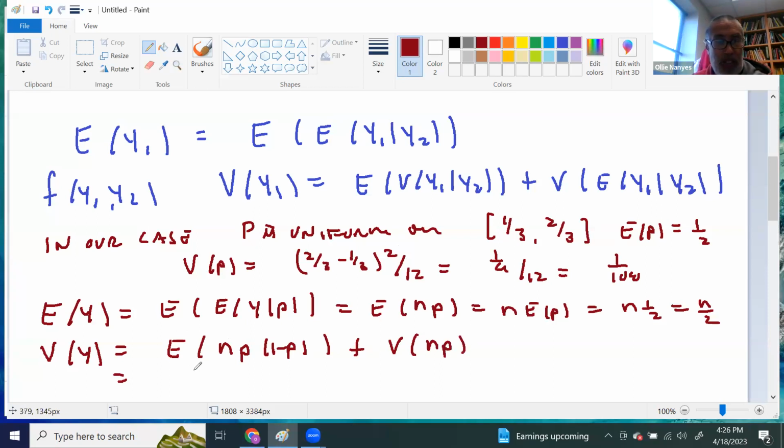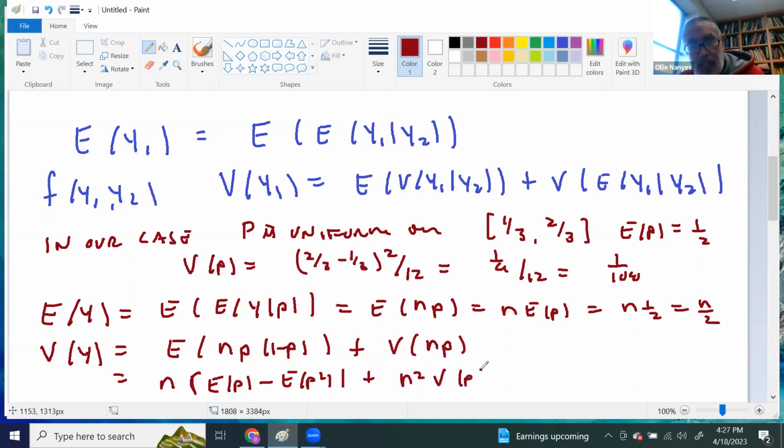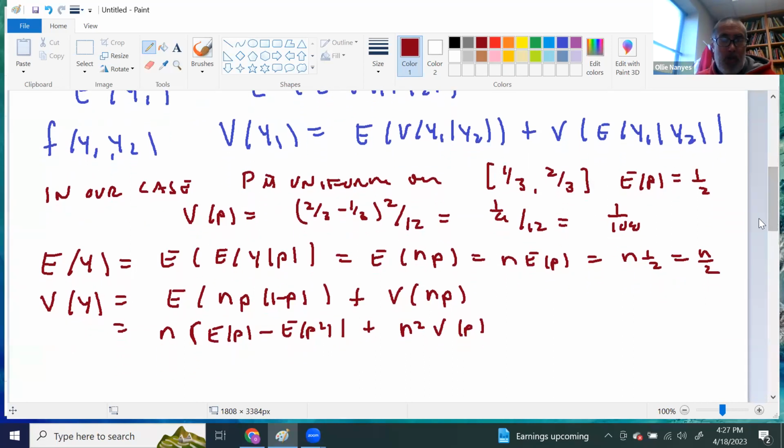So this first one is going to be n times the expectation of p minus the expectation of p squared, because E is linear, plus n squared, variance of p, which itself is uniform. So this thing here would be n. The expectation of p is 1/2.